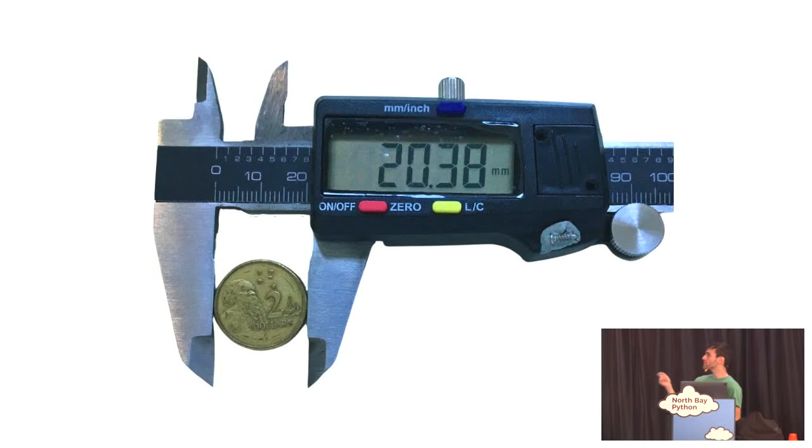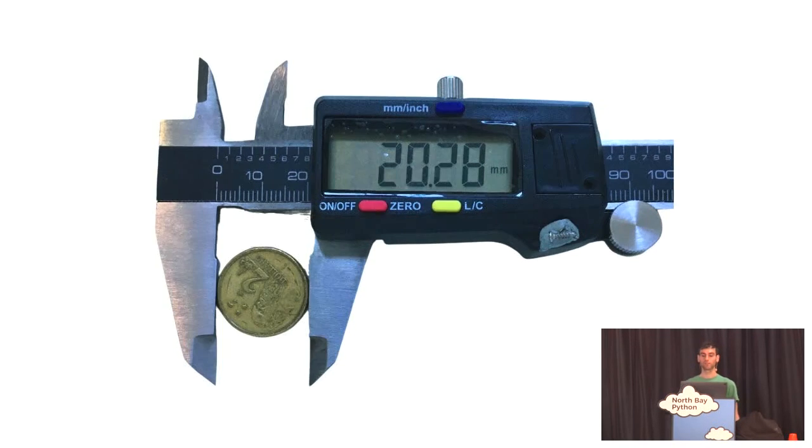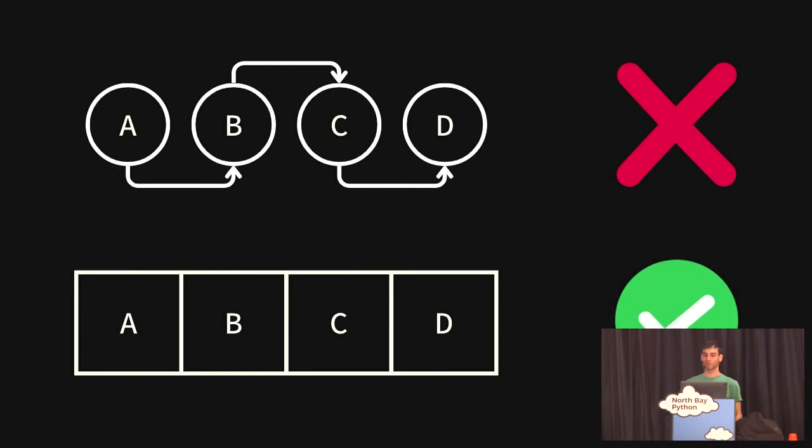Like this one is 20.38, and if we rotate it, it's now 20.28. That's not a circle. So while in theory a coin is 20.5 millimeters, in reality it isn't. In software, I could theorize that linked lists might give the fastest solution, but in reality that doesn't mean anything when hardware gets involved and optimizes for arrays to be faster instead, with of course the easiest way to know that being measuring.